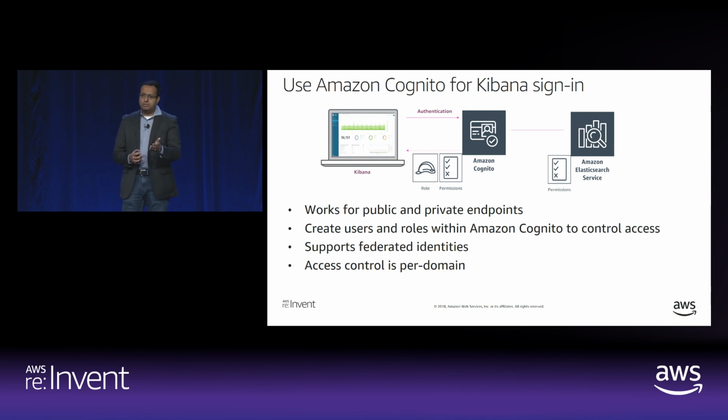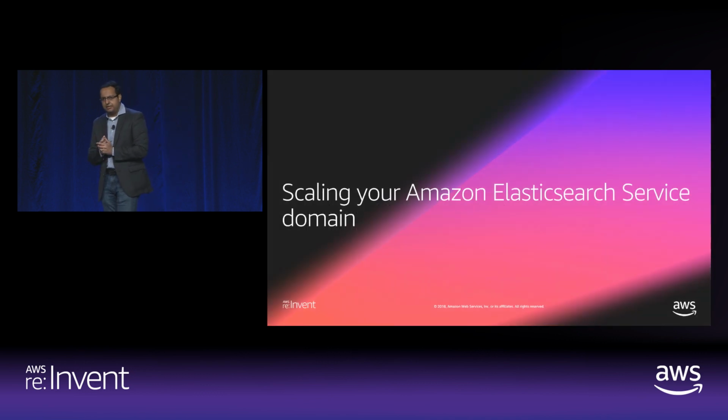That way, when you make a call from Kibana, it hits Cognito and maps your identity to an IAM role through which it actually invokes the Amazon Elasticsearch Service domain. So this is the other area that you might want to consider as you're thinking of security for your Amazon Elasticsearch Service domain. Now, with security aside, let's look at the last big factor, which is scaling.